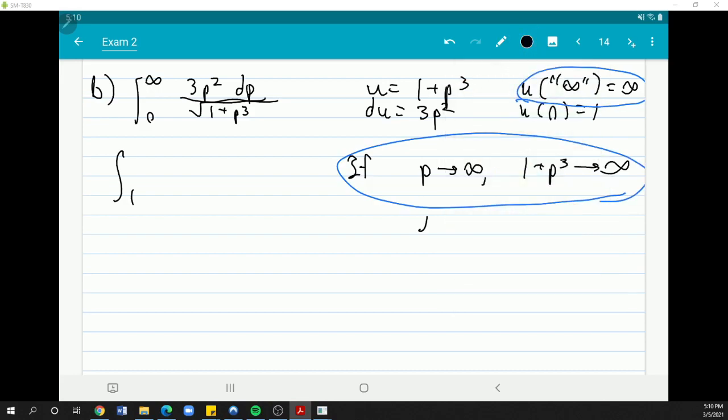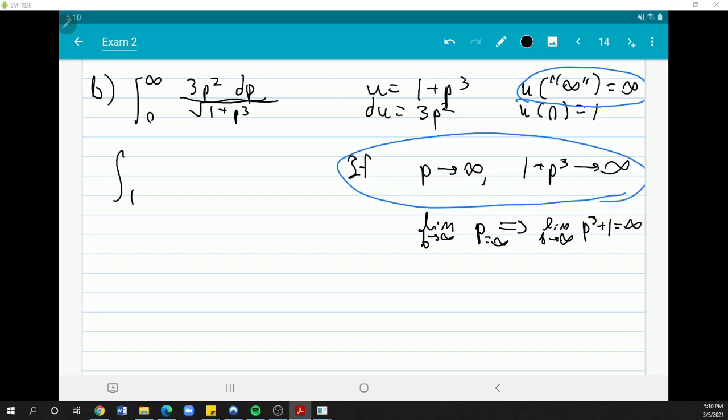Or saying it in adult math terms, the limit as p goes to infinity of p implies the limit as b goes to infinity of p cubed plus 1 is infinity.